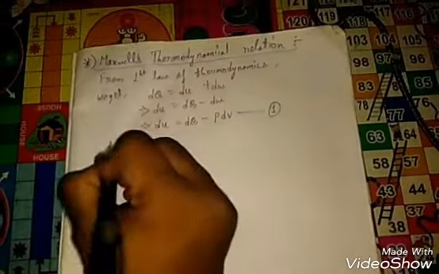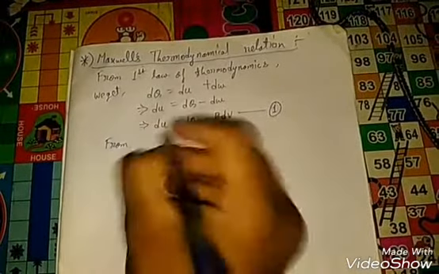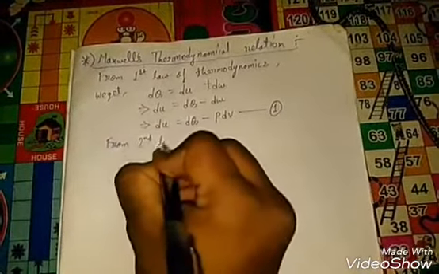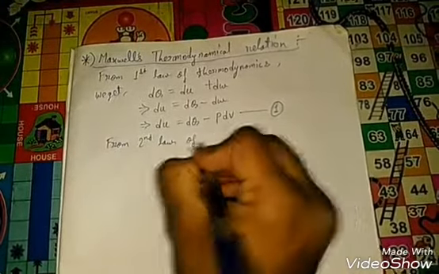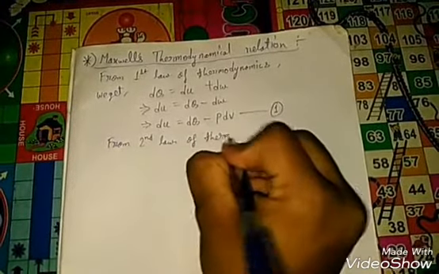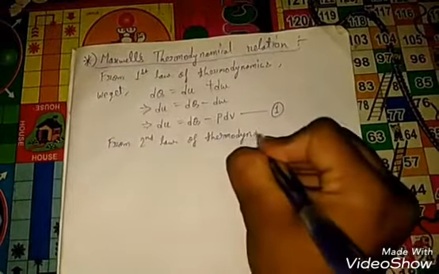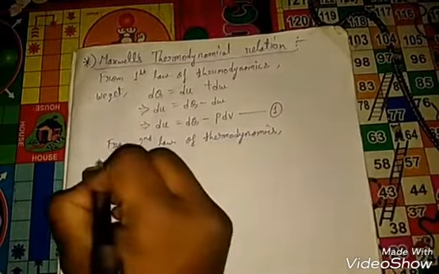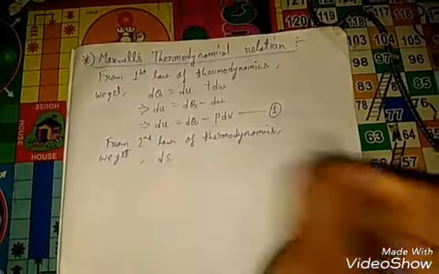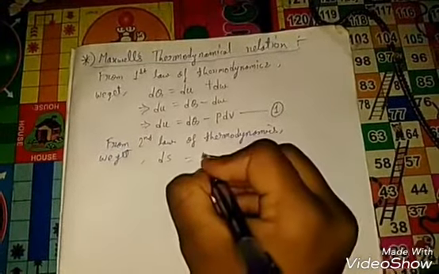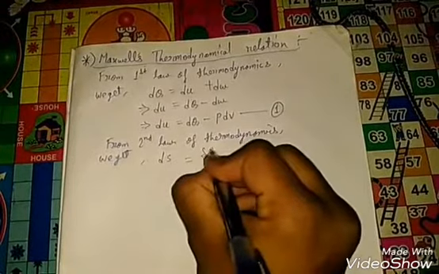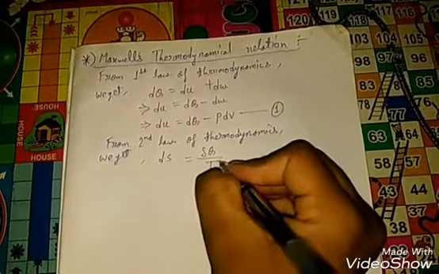Now again from the second law of thermodynamics, we get ds equal to del q by t.